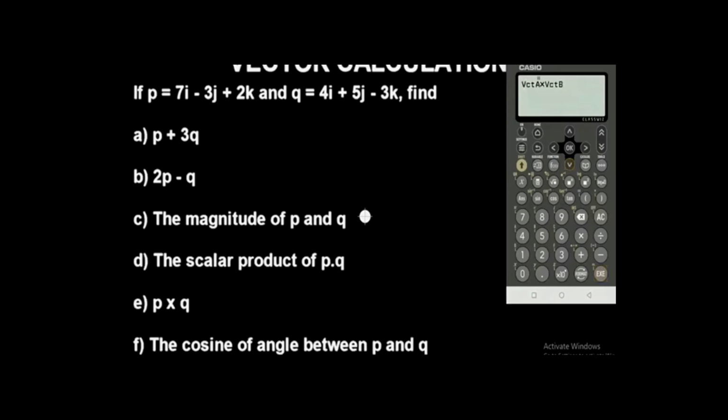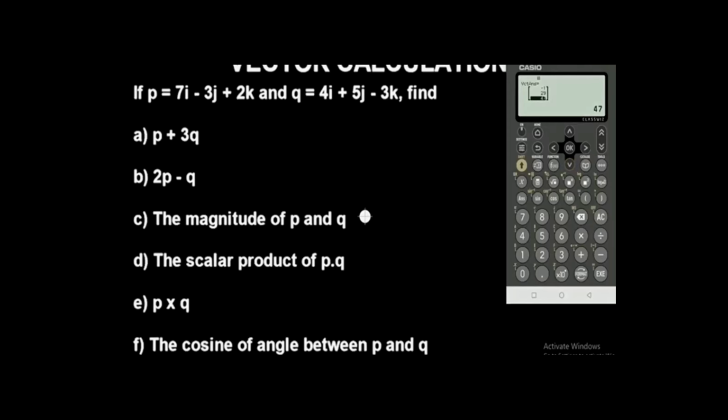Press equal to now to see the output, execute. So we have it to be this. Alright, so basically if we outline, this will be minus i plus 29j plus 47k. Alright, so that's what it entails.